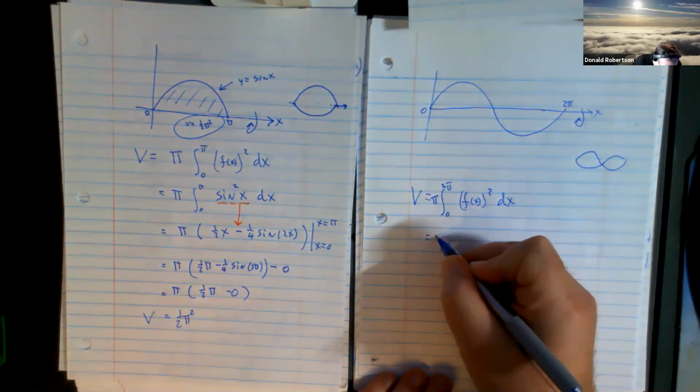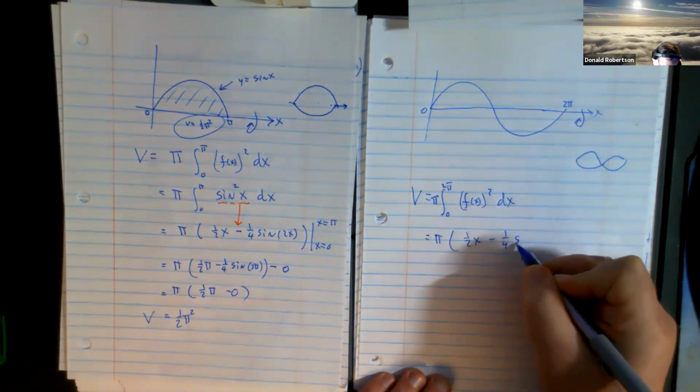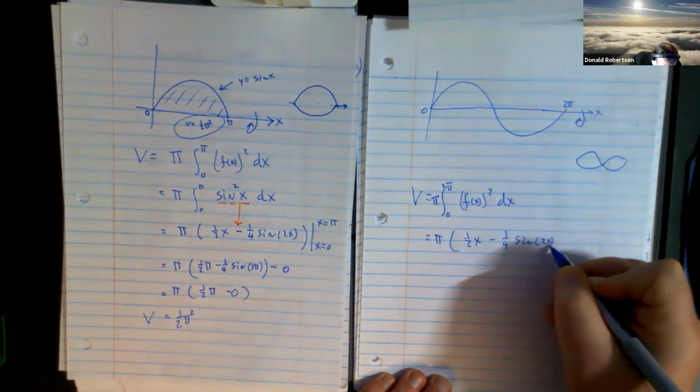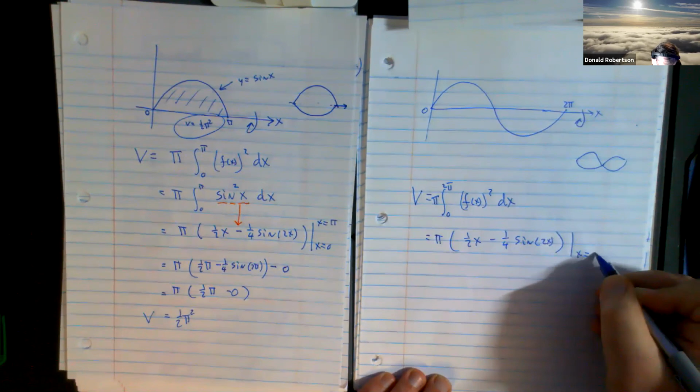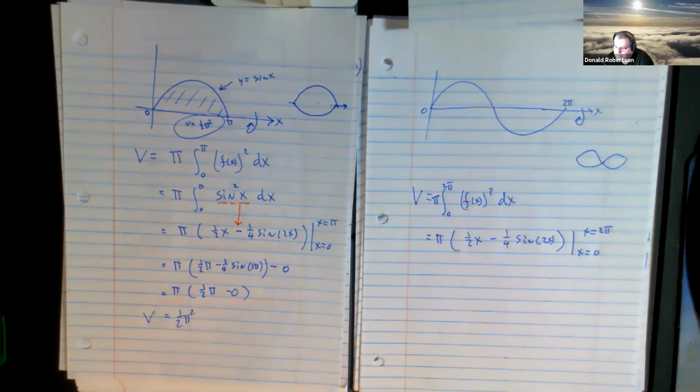Which means that we're essentially going to be doing this guy. And the only real difference is that we start at 0 and we finish at 2 pi.